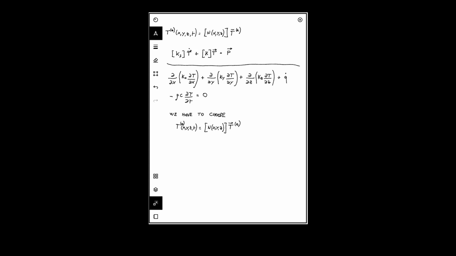If we use the Galerkin method, the governing equation, the integral over the domain, that is V of the element, multiplied by each interpolation function Ni, must be set equal to 0, and so we obtain a set of equations.